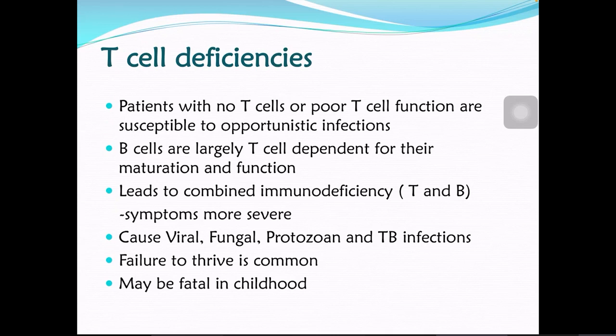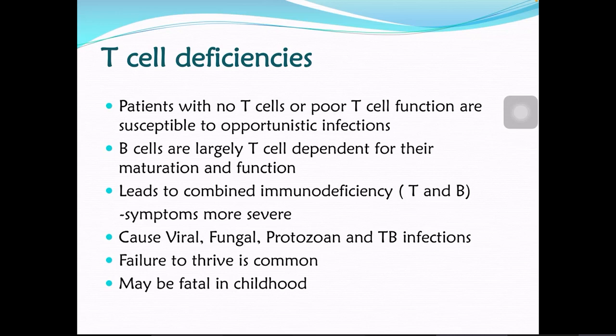So having finished that, now we will move to T cell problems. Patients with T cell problems either could have no T cells or they could have poor T cell function. And as a result of that, they become susceptible to opportunistic infections.